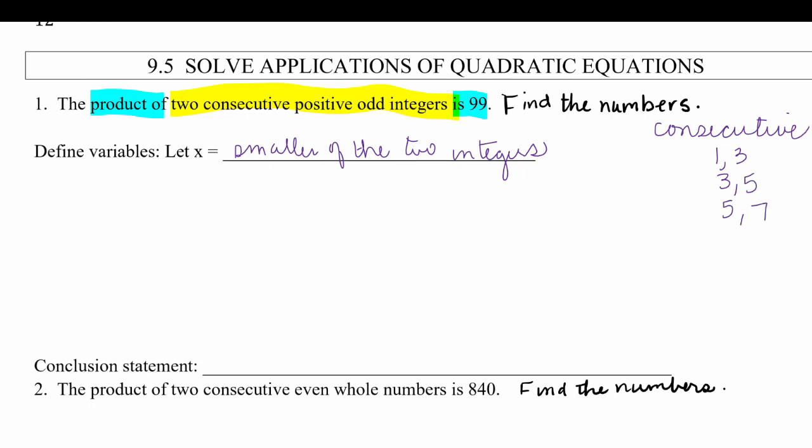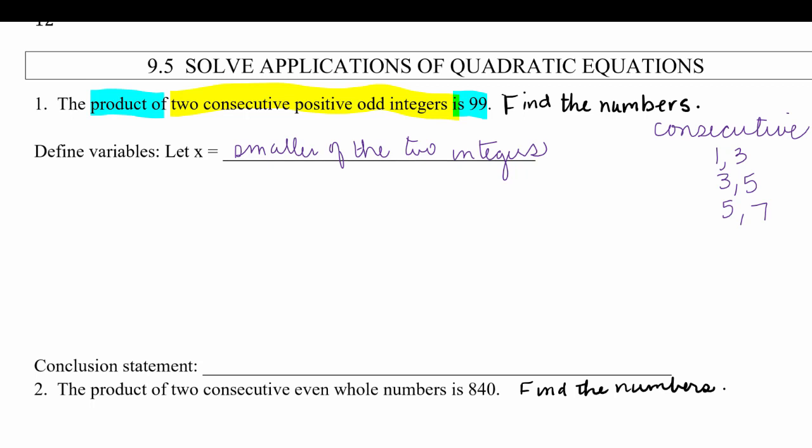So how far apart are these two integers? In 1 and 3, 3 is 2 units away from 1. And in 3 and 5, 5, which is the larger of the two integers, is 2 units away from 3. And in 5 and 7, 7, the larger integer, is 2 units away from the 5, right?